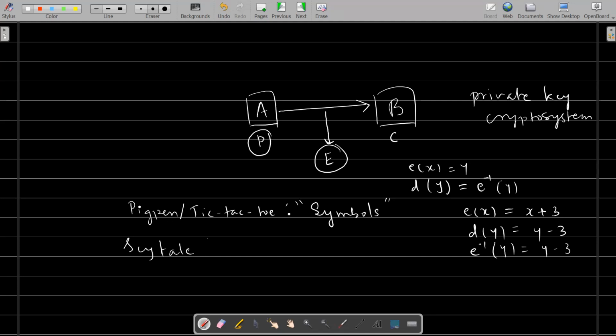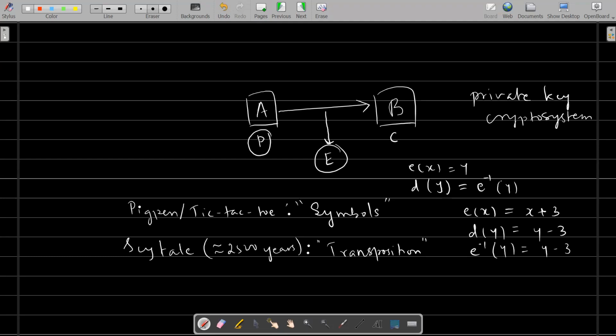That was used by Spartans almost 2500 years ago. It's basically based on transposition of letters. The positions of the letters are shifted by 2 places, 3 places, but A stands for A, B stands for B, and so on. So it's basically a transposition method.